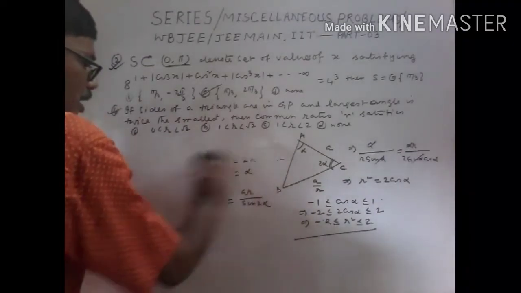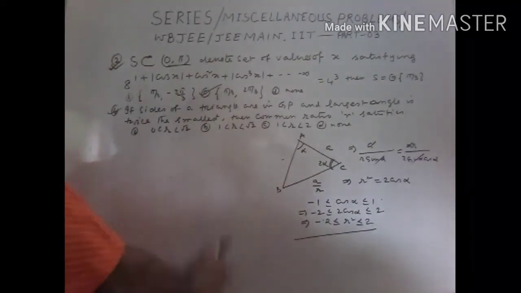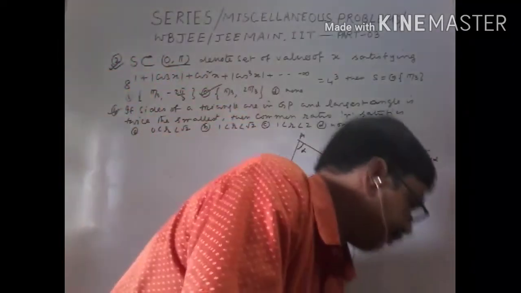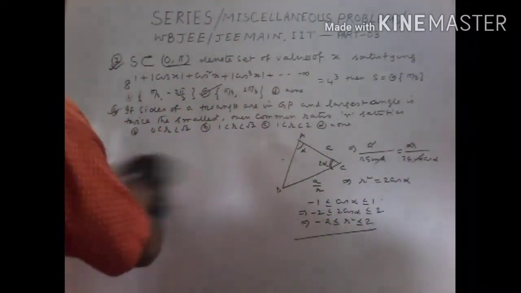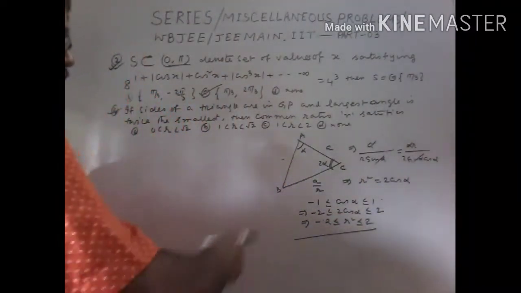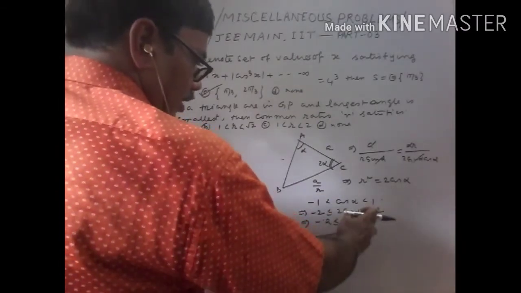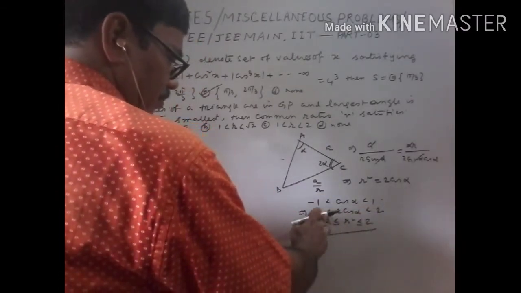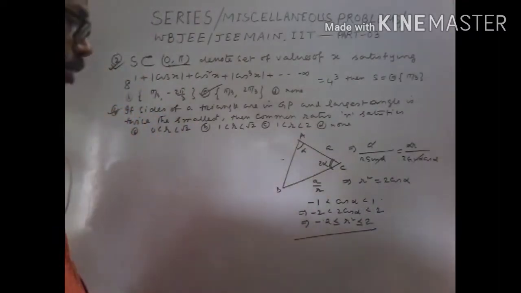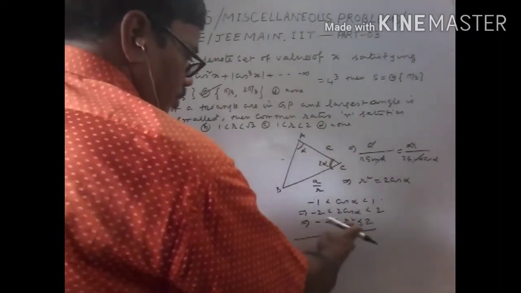From this relation we have to find R. Alpha cannot be 0, so the inequalities are strict.